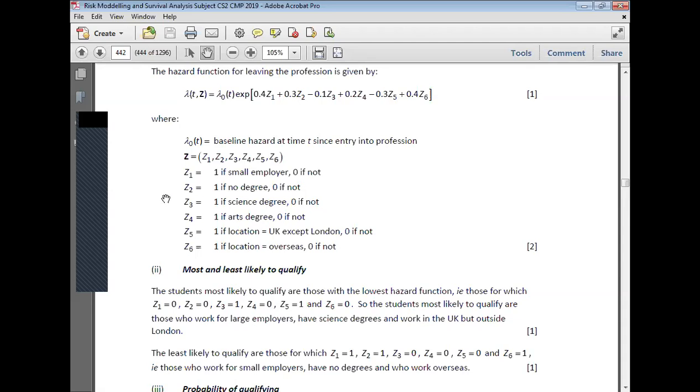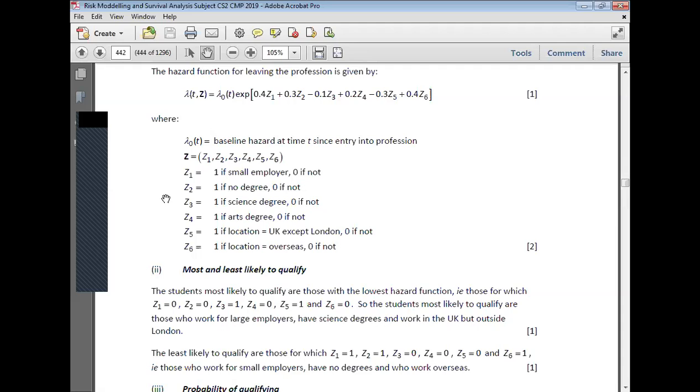Keeping that in mind, we want to see which one of these will have the minimum value for the power of the exponential. We have some betas as positive and some as negative. To have the least possible value in the power of e, for all the times we have a positive beta, we make those covariates take a value of 0.